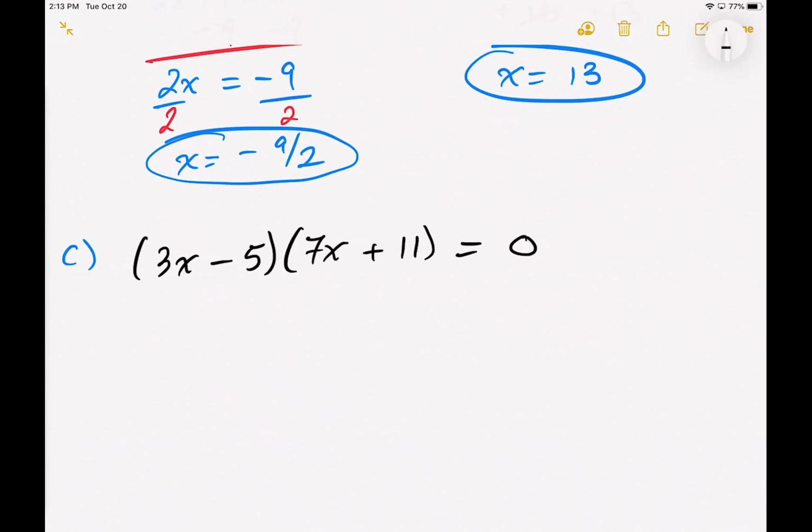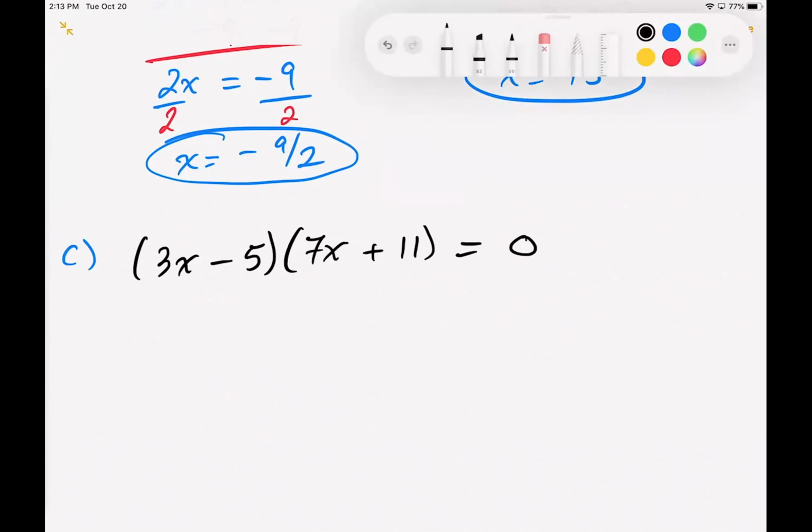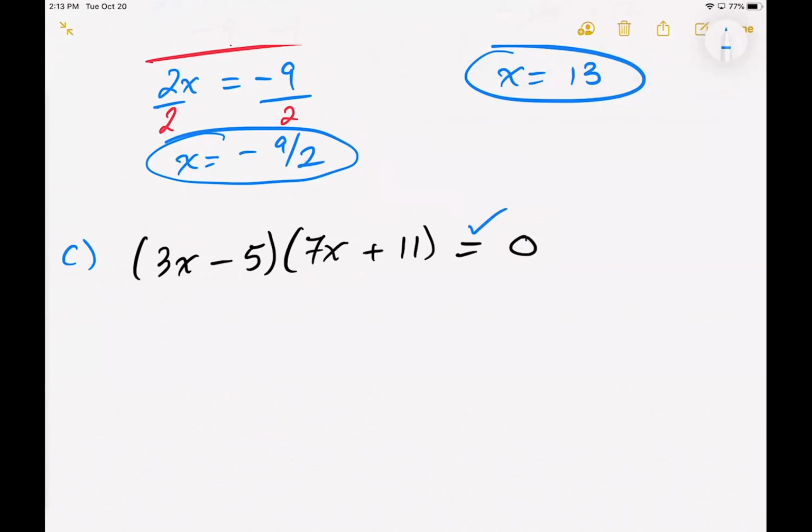And if it's equal to 0, like I mentioned, when you look at this problem here, do you agree that this thing here is equal to 0? That is checked. It's equal to 0. What do we do after we verify that it's equal to 0?